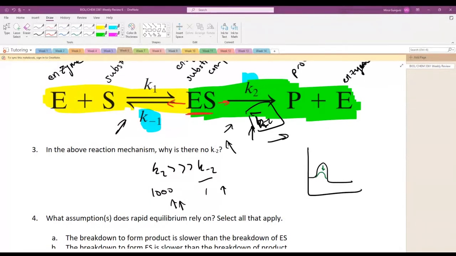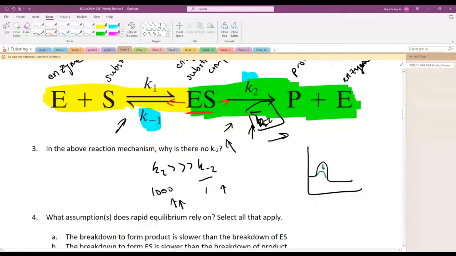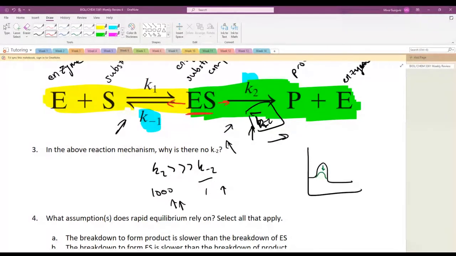So the relative rate constants will help to determine what we see. And that's kind of what steady state and rapid equilibrium are. When one is much, much larger than the other, you get rapid equilibrium.